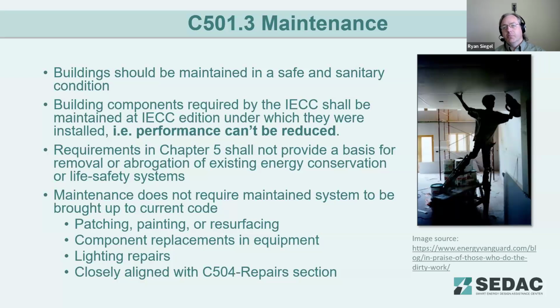So things like painting and patching of walls. Component replacements, a blower motor fails in your heating unit and you're replacing the blower motor. Generally, those don't require permits. So you'll notice that maintenance and repairs are oftentimes very closely aligned with each other.